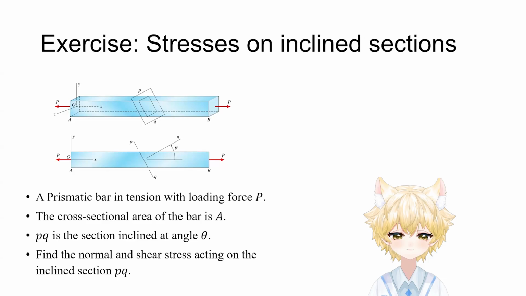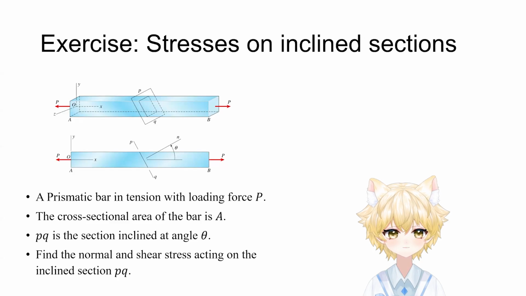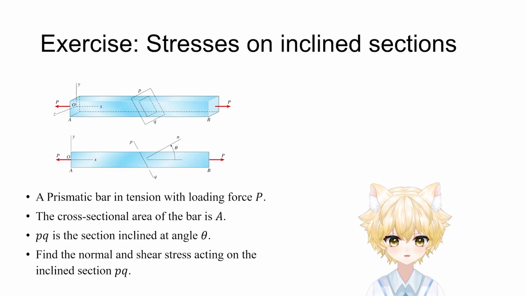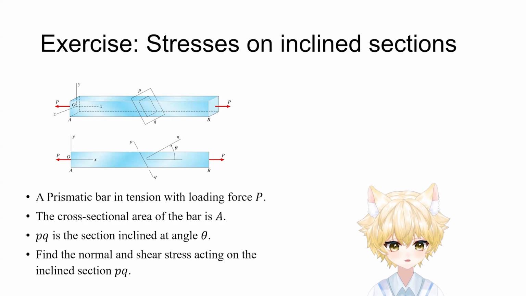We need to know two things, because stress equals force divided by area. First, we need to know the magnitude of the normal force and the magnitude of the shear force, because normal and shear forces act differently. One is tension or compression, one is distortion.